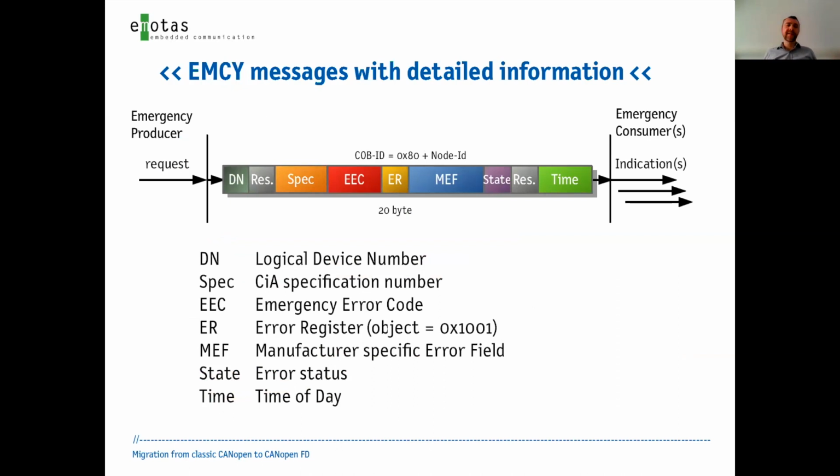With classical CANopen, it was limited to 8 bytes, and with CANopenFD we can use 20 bytes, so there is more information inside an emergency message now. That's the summary of the changes, the new features of CANopenFD.